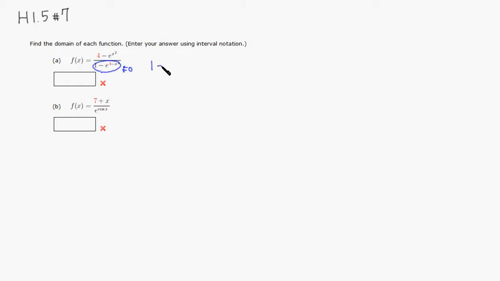1 minus e to the 4 minus x squared is not equal to 0. Which means that we can just simply add e to the 4 minus x squared to get that 1 cannot be equal to e to the 4 minus x squared.